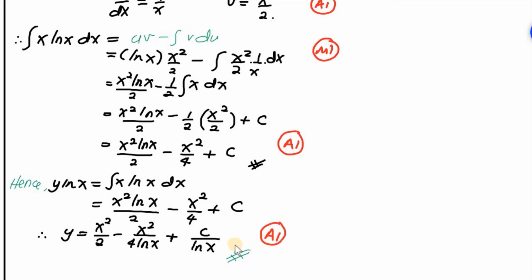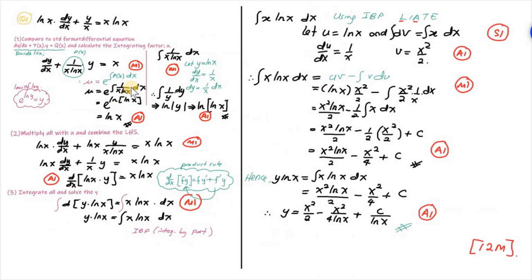So let us count back how many marks this question carries. We compare the marks. We started with recognizing what is p to get our integrating factor mu. Make sure you have this formula showing. And then in order to integrate this 1 over x ln x, we are using a simple u substitution.